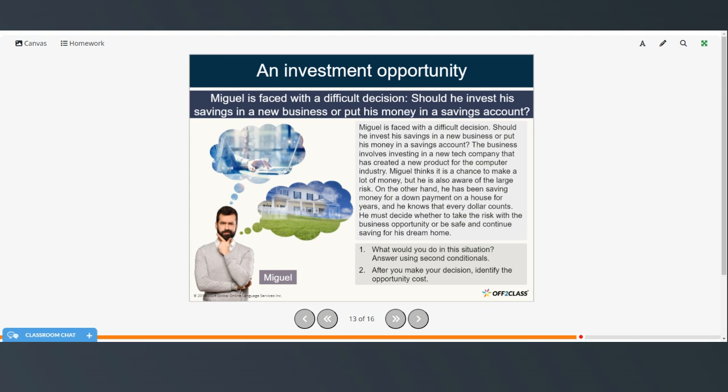On the other hand, he has been saving money for a down payment on a house for years, and he knows that every dollar counts. He must decide whether to take the risk with the business opportunity or be safe and continue saving for his dream home. So what would you do in this situation? Answer using the second conditional. And after you make your decision, identify what the opportunity cost is of the decision you made.